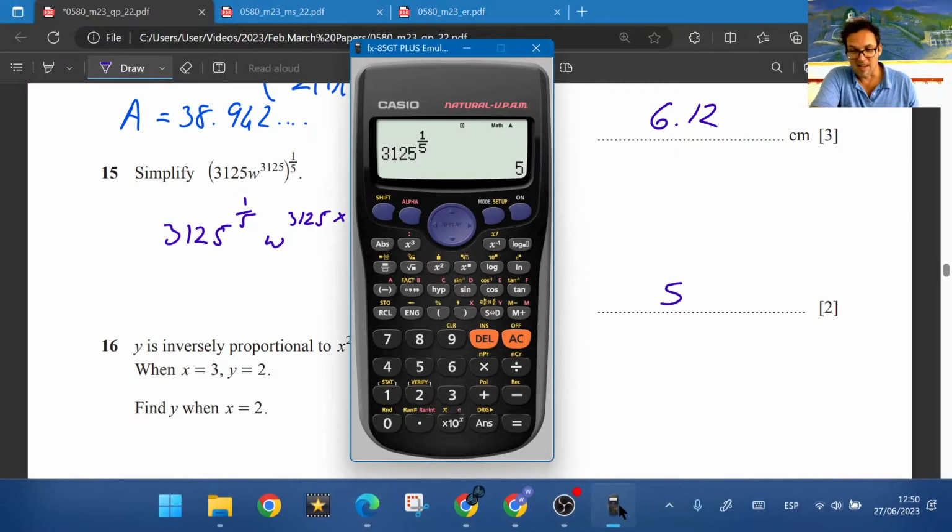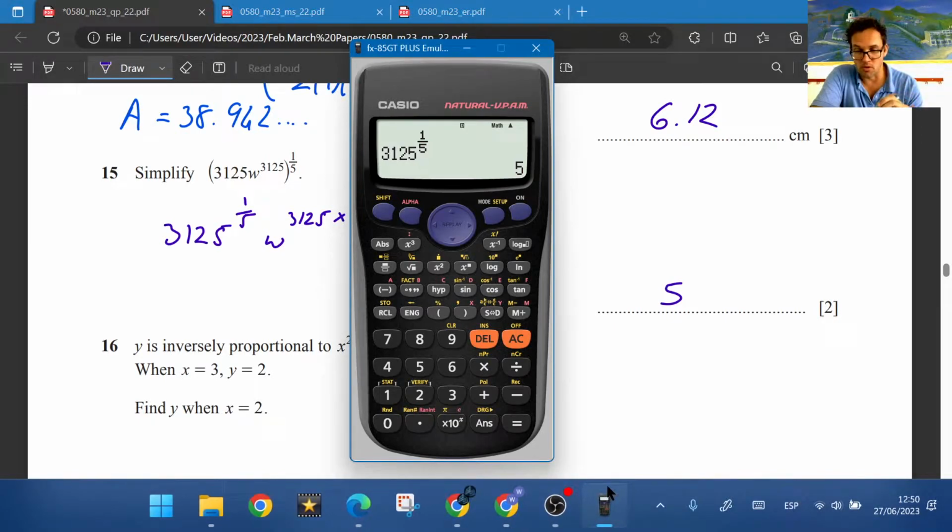Also, of course, a fractional power means a root, so we could have done, there we go, root 5. See? Root 5 is the same as a fifth.